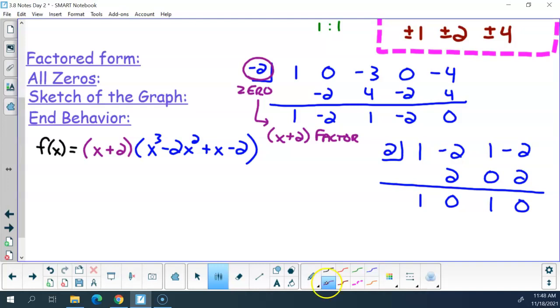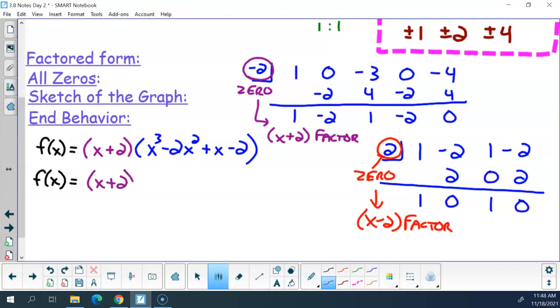Either way, we get f of x now as x plus 2, x minus 2, and x squared plus 1.